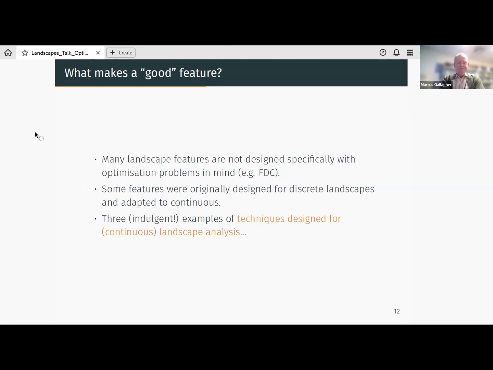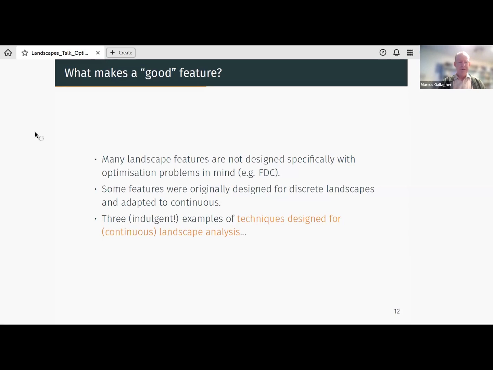That's a lot of what has been done. And why not? That's easy to do and it can work. Other features people had proposed originally for discrete landscapes, and then other people, like myself, looked at them and said, maybe we can adapt those to make them useful for a continuous landscape. That's also something that's possible.